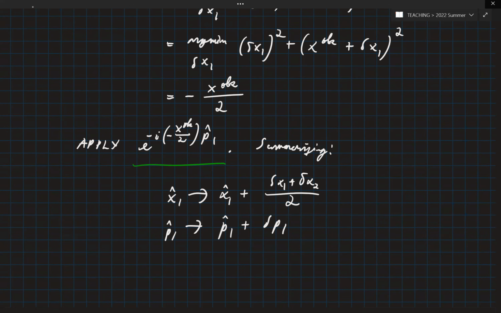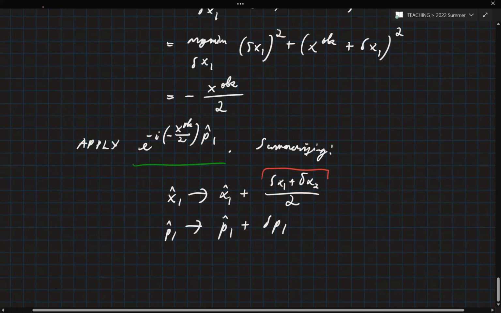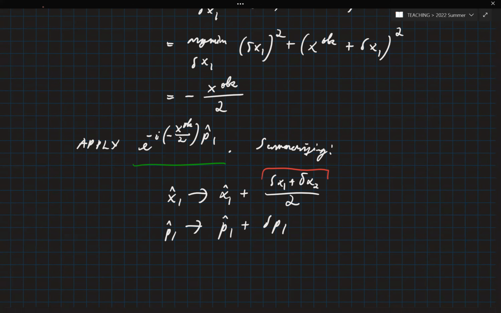So what's the point? Well, turns out, and this is the important point, delta x1 and delta x2 are random shifts. They're distributed around 0 with some standard deviation sigma. Let's say this is a normal distribution of mean 0, standard deviation sigma. But delta x1 plus delta x2 over 2 is distributed around mean 0 with standard deviation sigma over 2.